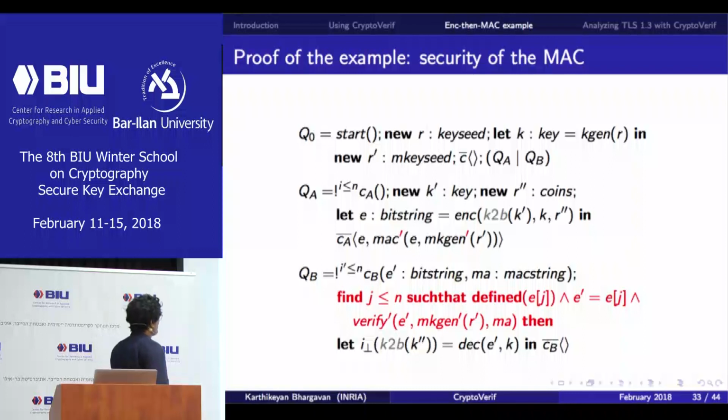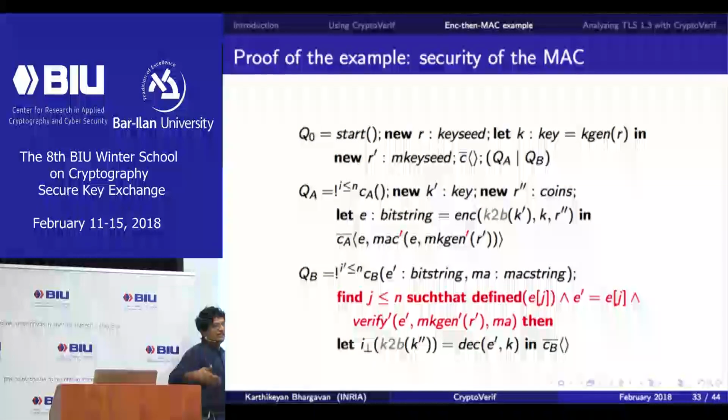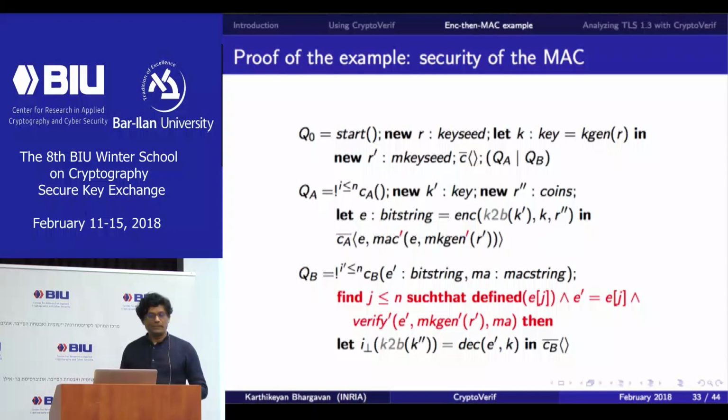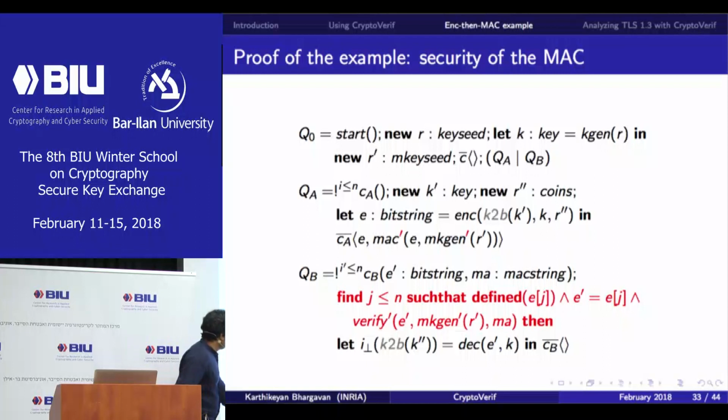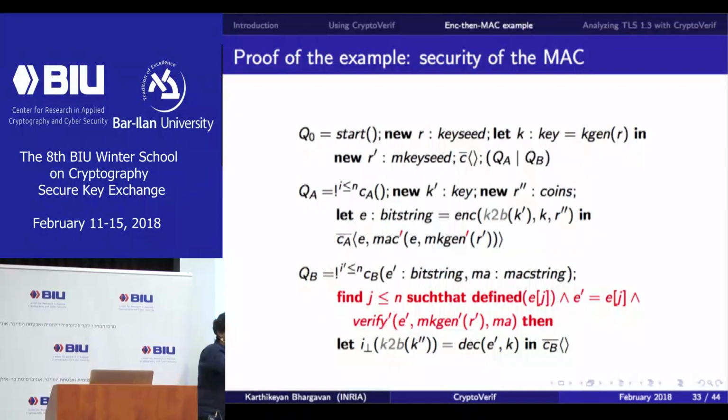So the MAC here becomes MAC prime, which is really the same as MAC. There's no difference. And the verify becomes this thing, which is actually doing a table lookup. When we are doing the verify, we look up and ask: is there an instance of the other process where the value for which I'm trying to verify the MAC, which is E prime, was in fact exactly the same as the value that was MACed on the other side, which is E?